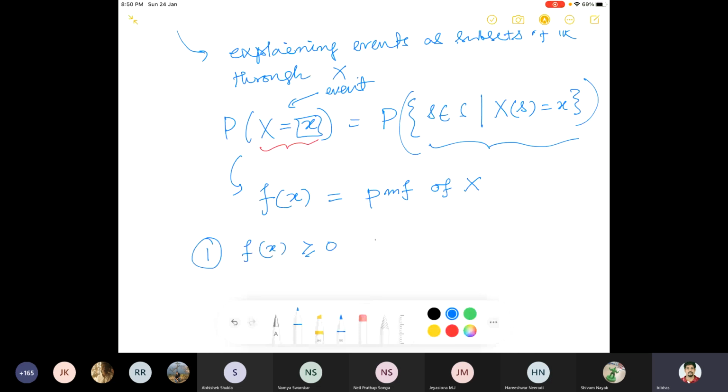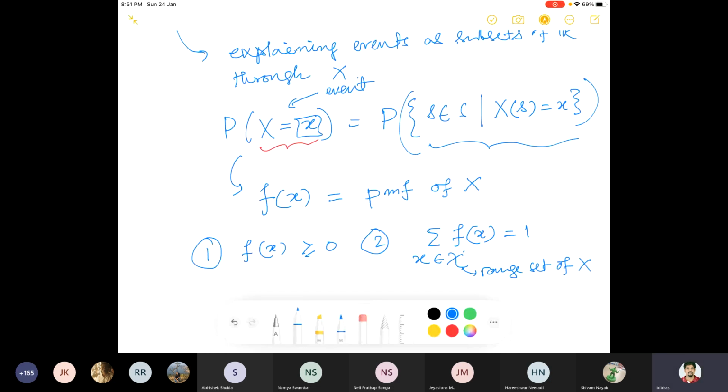Another was that the sum of f(x), which is very natural, has to be equal to 1, over all x belonging to this set. This set we can define as the set of values defined for all the sample points. You can consider it the range set of X.